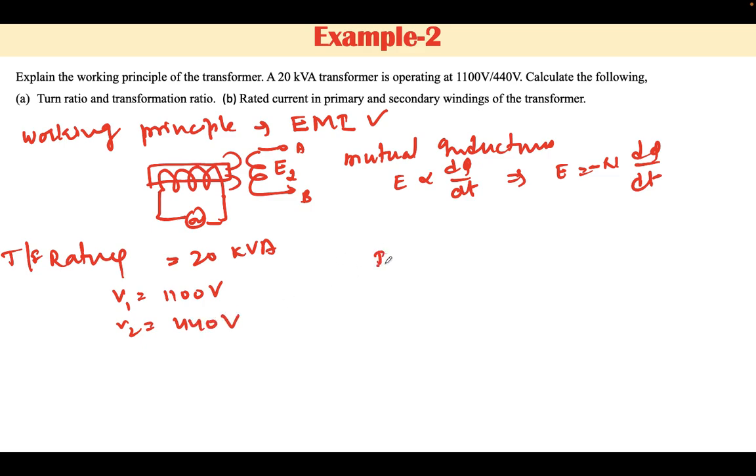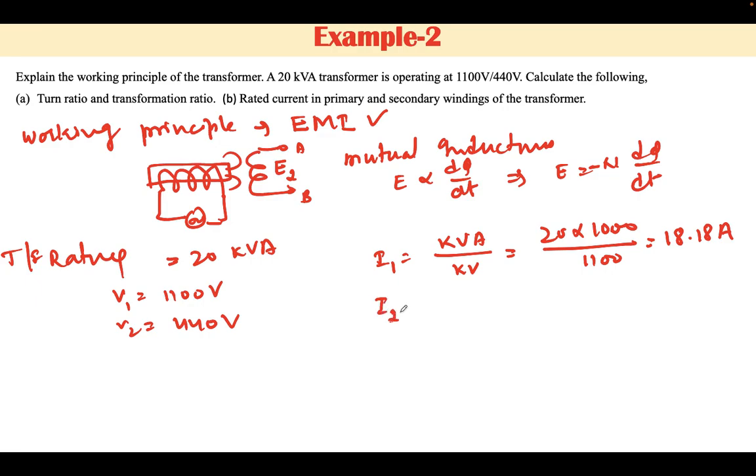Now I1 is equal to kVA of the transformer divided by V1, that is 20 into 10 to the power 3 divided by 1100, and this is equal to 18.18 ampere.